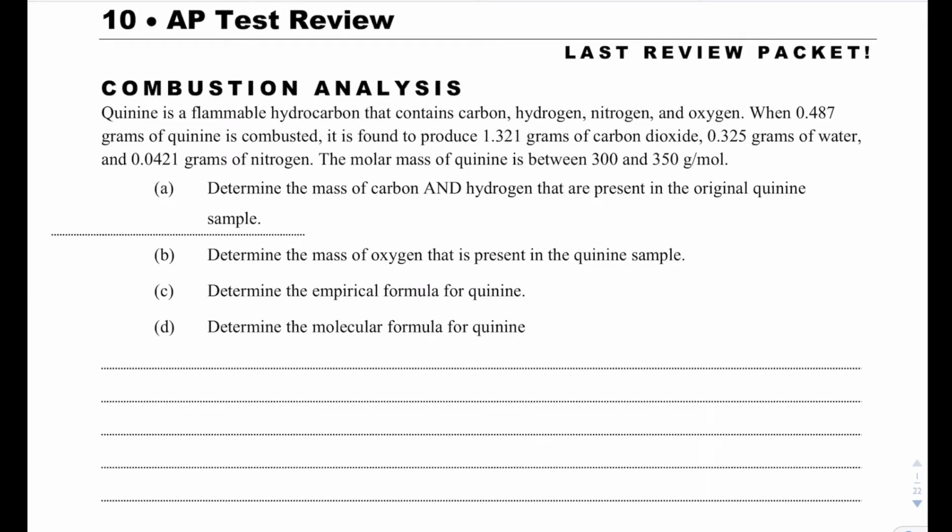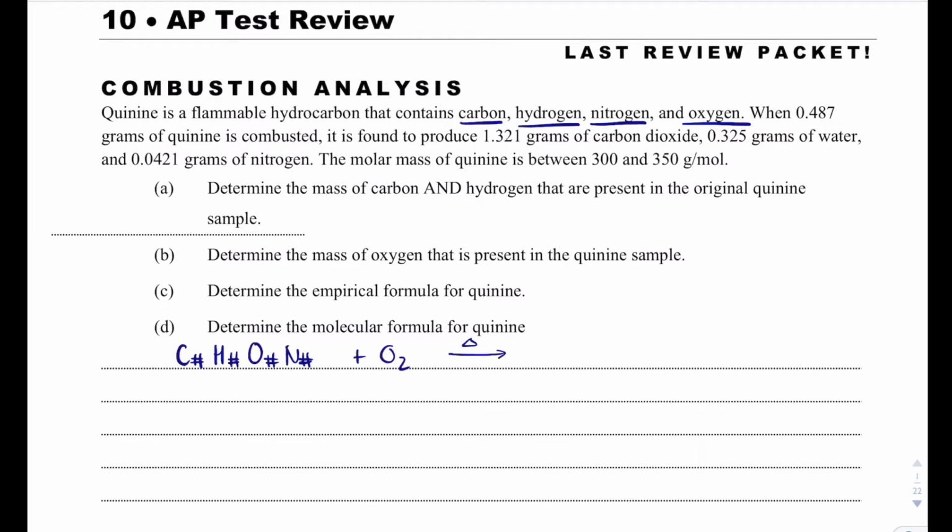So in this example, we have a flammable hydrocarbon that contains carbon, hydrogen, nitrogen, and oxygen. This generic formula looks like C some number, H some number, O some number, and N some number. It'll combust, so it'll react with oxygen, most likely under heat.